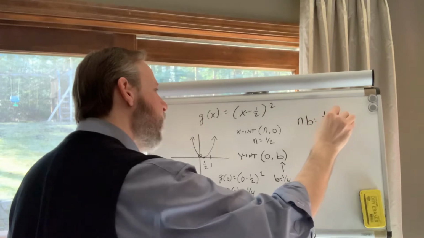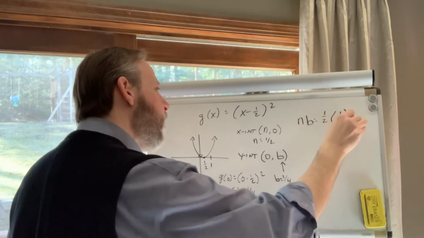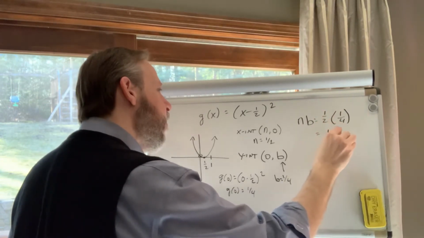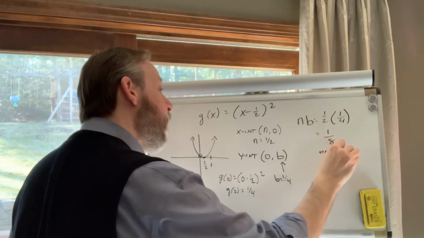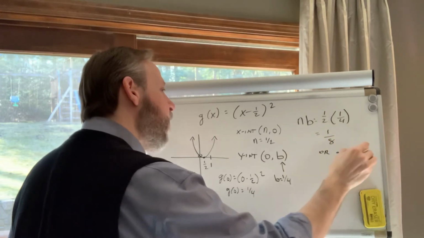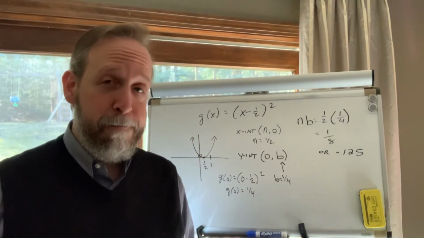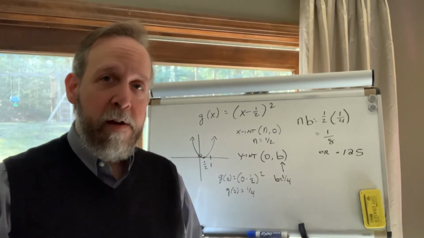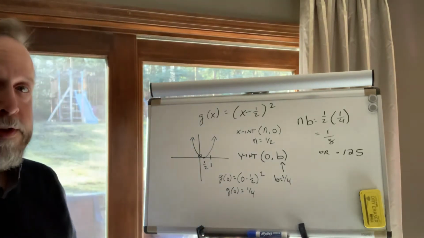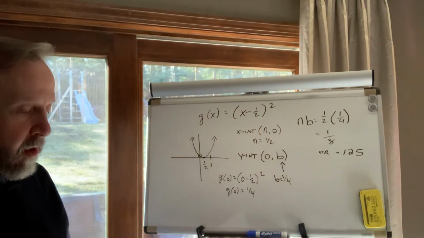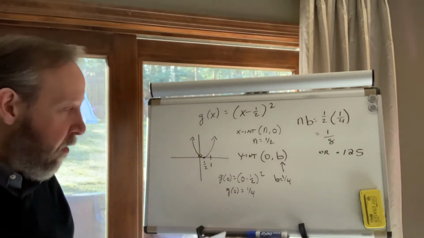So it's 1/2 times 1/4, and that is 1/8, which is fine. Or you could write 0.125, which is also fine. They're both good answers, and that's it. All right, take a moment, look at the answer, make sure you got it, and we'll move on to number 34.